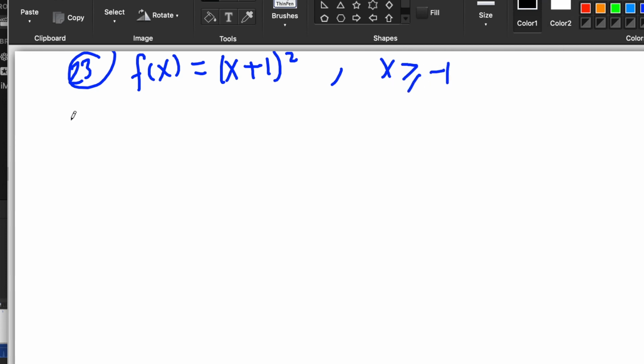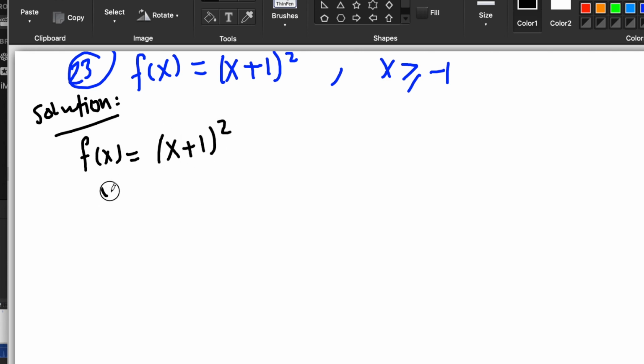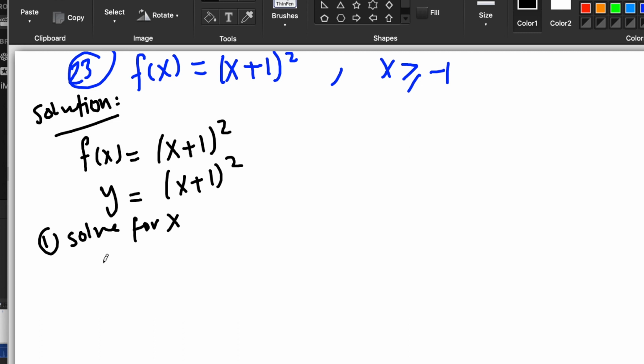Okay, so solution. I know f of x equals x plus 1 squared, that is y equals x plus 1 squared. Step 1, solve for x.